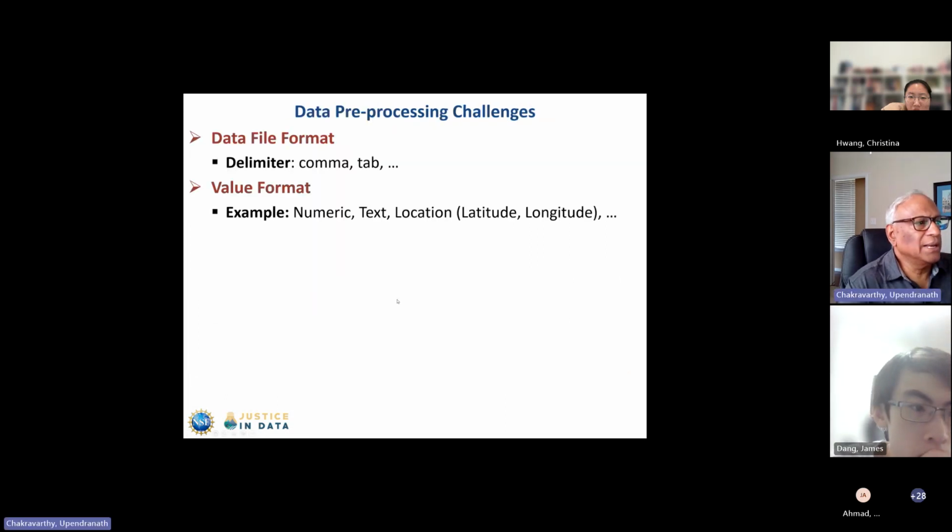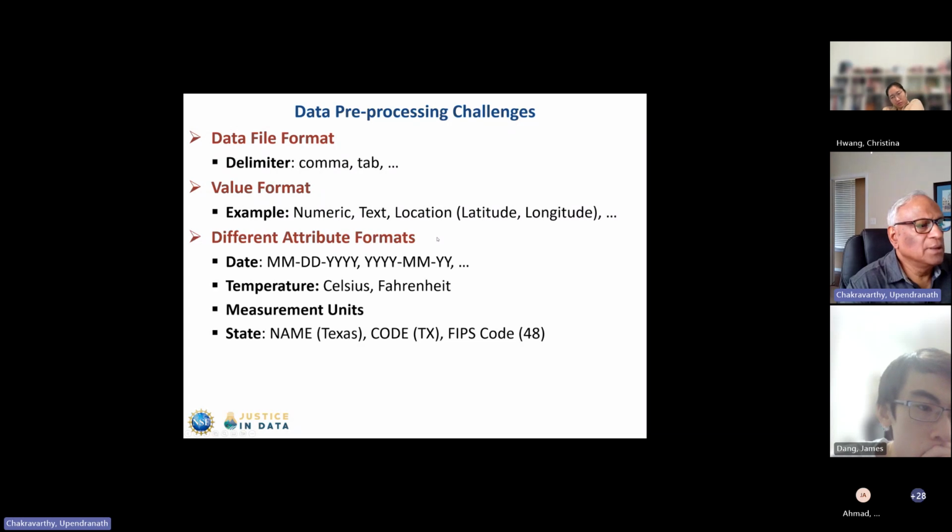So pre-processing challenges. Data file format, delimiter: comma, tab. Value format: what kind of values can you accommodate? Numeric, text, location, which is mostly specified as lat long. Different attribute formats we have to deal with.